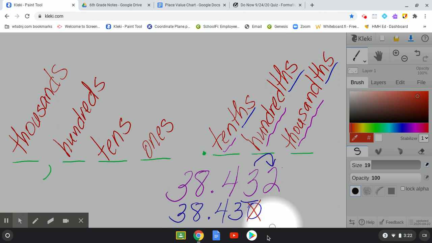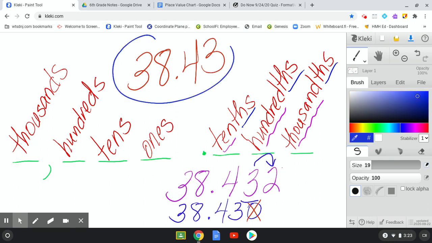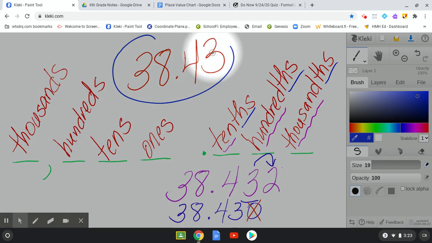So we need to get used to this: even though technically we always put zeros to the right of what we underline, in decimals we don't need it. So my final answer would be 38 and 43 hundredths, because I said I wanted to round to the hundredths place. So that should really be the last place value I see.